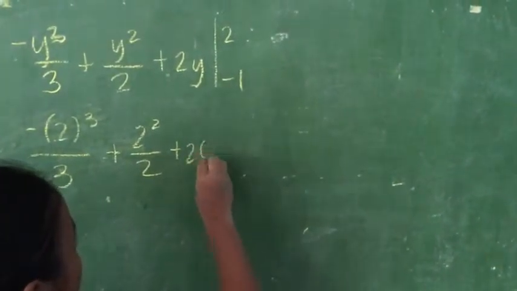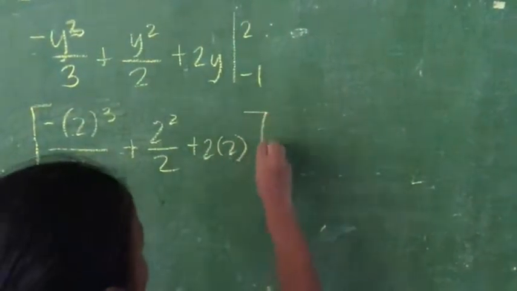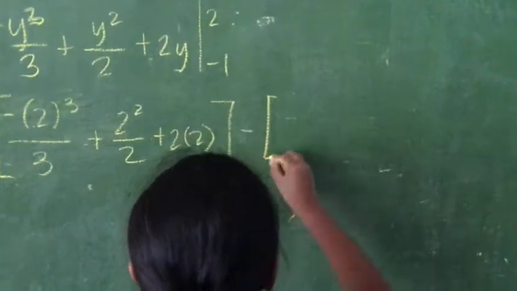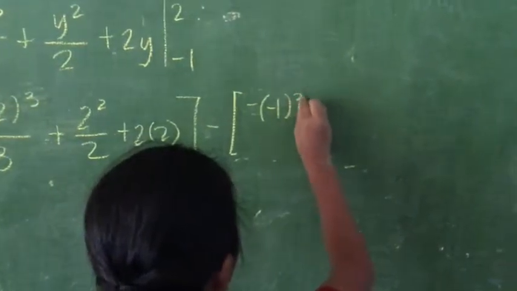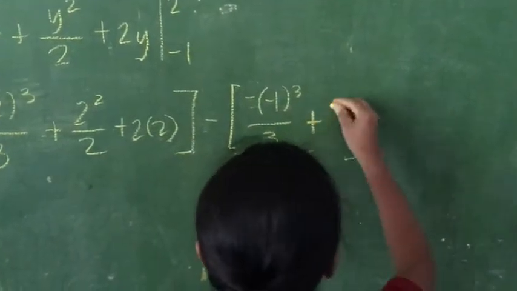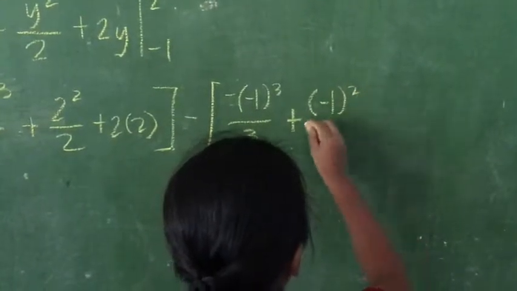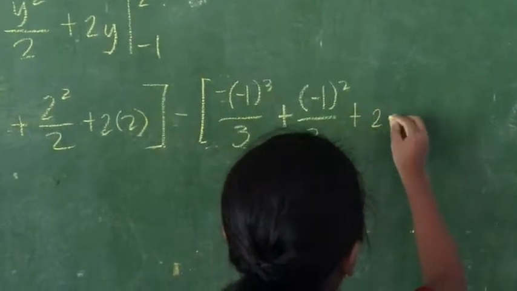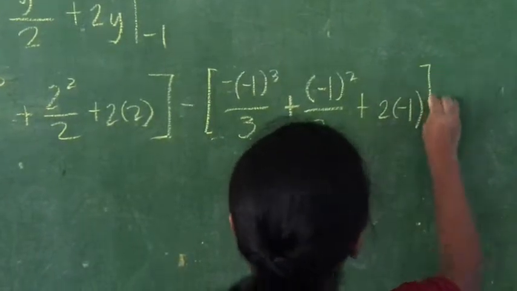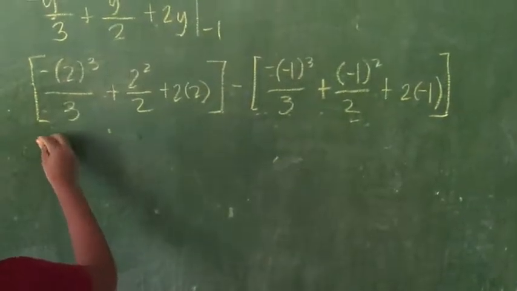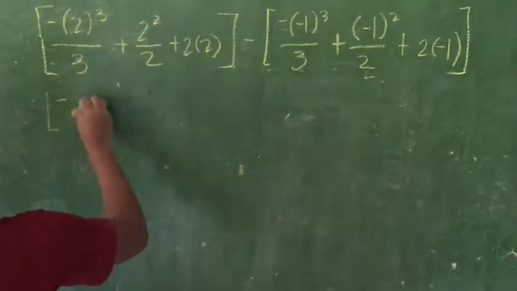Negative 2 cubed over 3 plus 2 squared over 2 plus 2 times 2, and the next limit is minus negative of negative 1 cubed over 3 plus negative 1 squared over 2 plus negative 1 times 2.